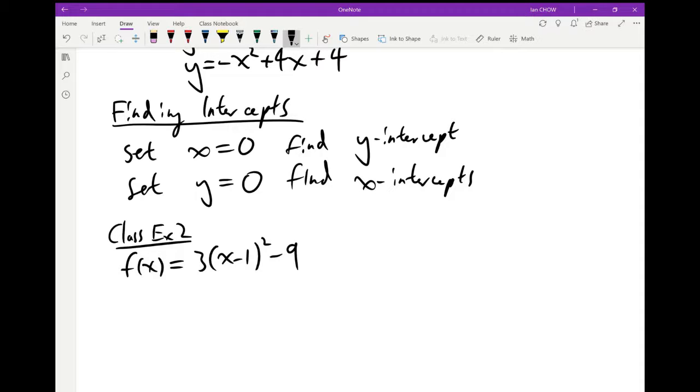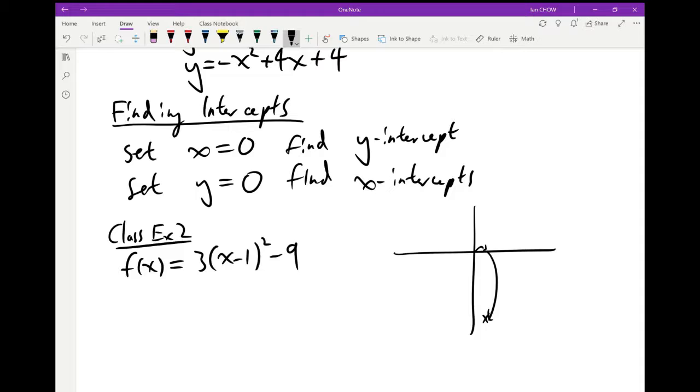If I'm going to quickly sketch this, the negative 1 means that it has shifted 1 unit to the right, and then 9 units down. So the vertex will be down here, at (1, negative 9).